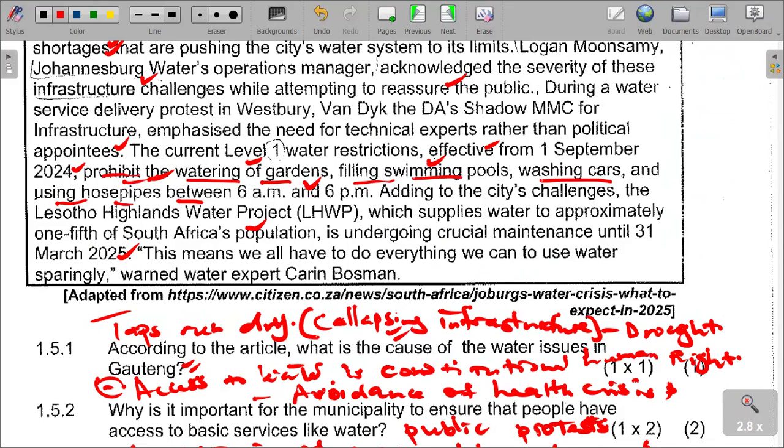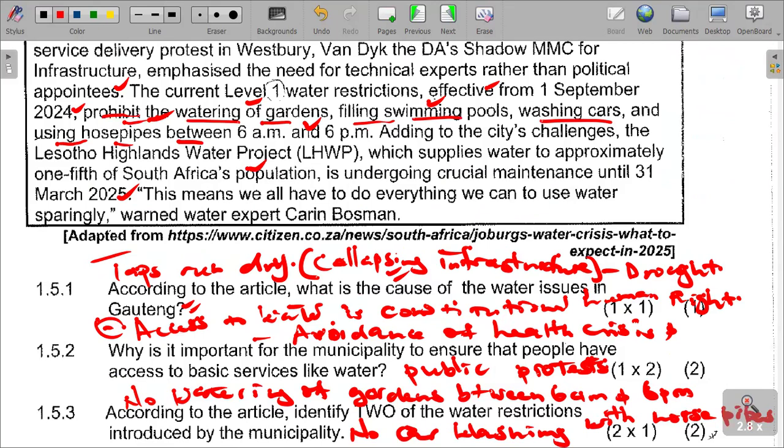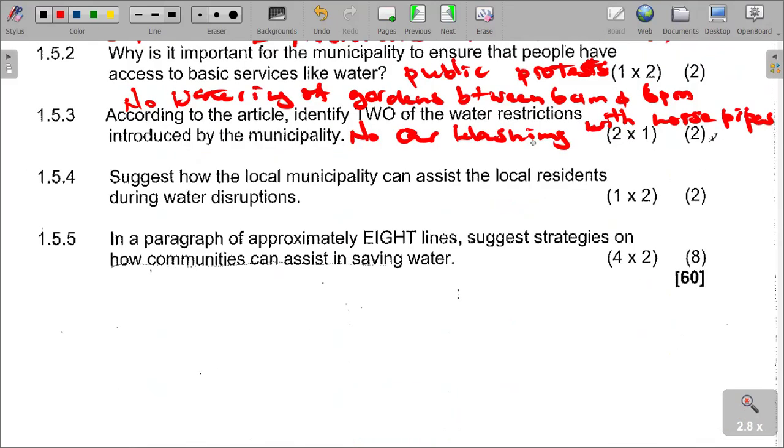Filling swimming pools is also not allowed. No filling up of swimming pools. All these are restrictions that are put in place in order to avoid this.